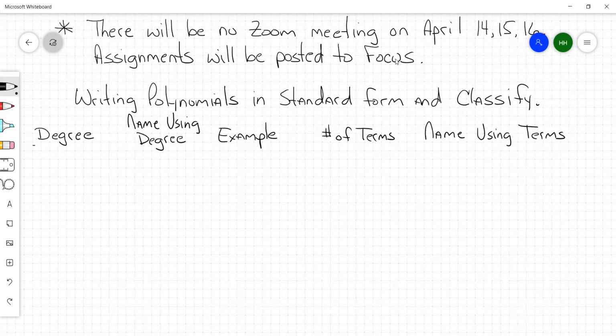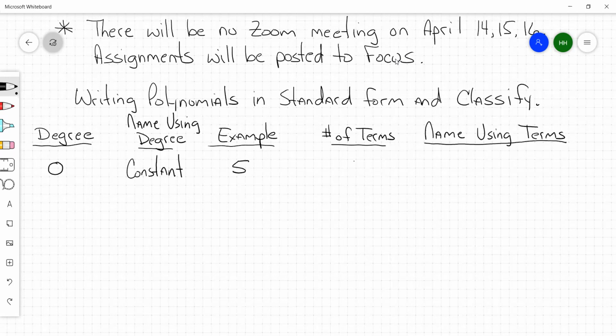All right, so we've got what we got here. 1, 2, 3, 4, 5 columns. All right, so a polynomial that has a degree of 0, its name using its degree is called a constant. You know it as a regular number.